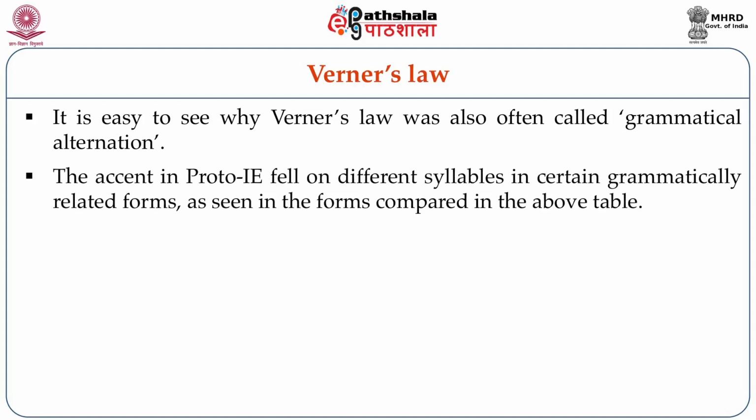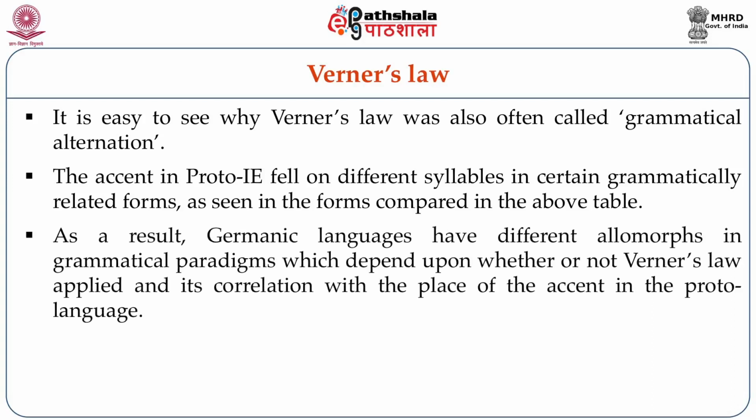The accent in Proto-Indo-European fell on different syllables in certain grammatically related forms, as seen in the forms compared in the above table. As a result, Germanic languages have different allomorphs and grammatical paradigms which depend upon whether or not Verner's law applied and its correlation with the place of the accent in the proto-language.